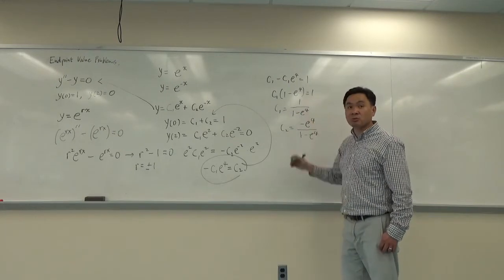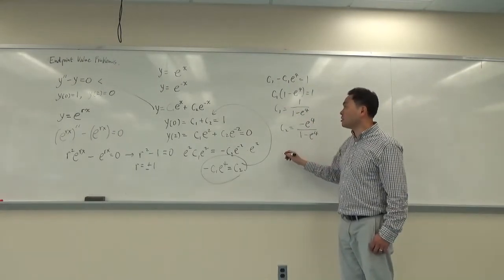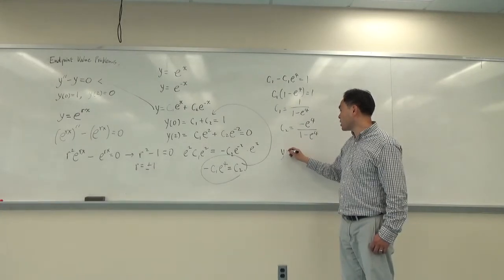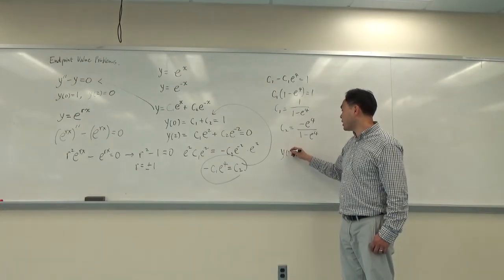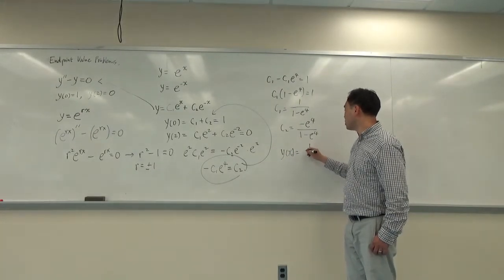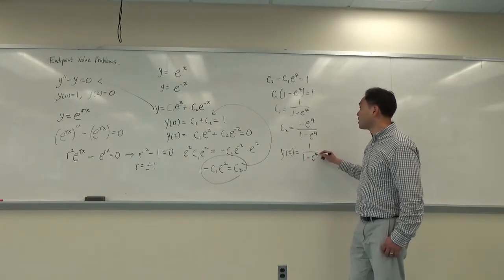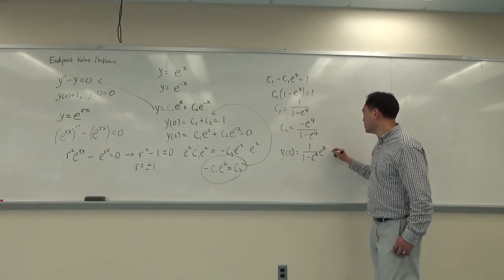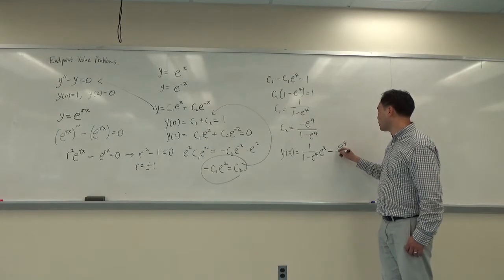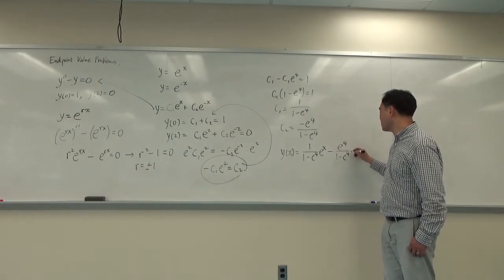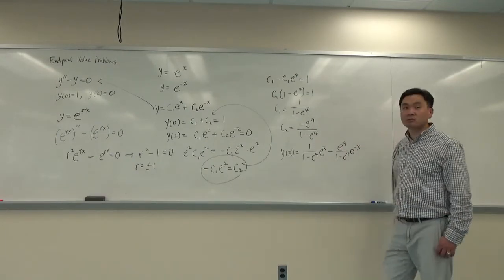So those are the values of c1 and c2, and therefore you get your answer as y of x equals 1 over 1 minus e to the fourth power times e to the x, minus e to the fourth power over 1 minus e to the fourth power times e to the negative x. That's the final answer.